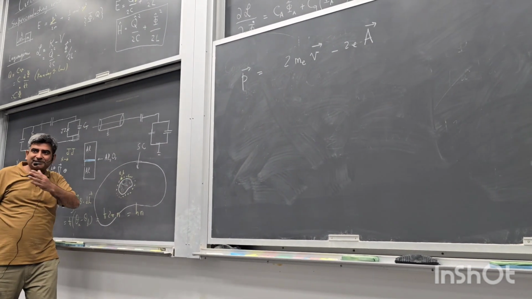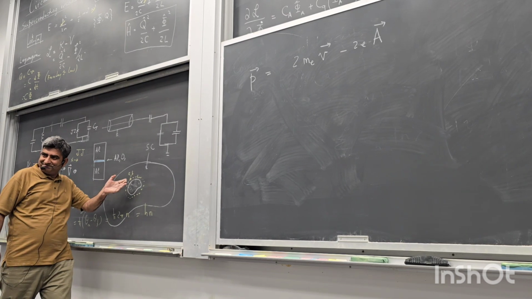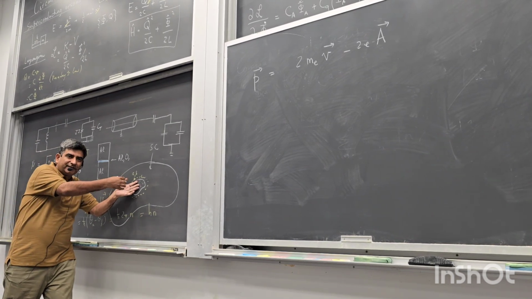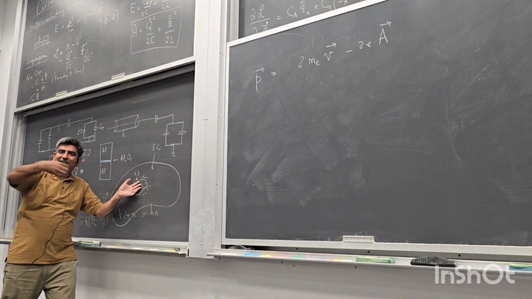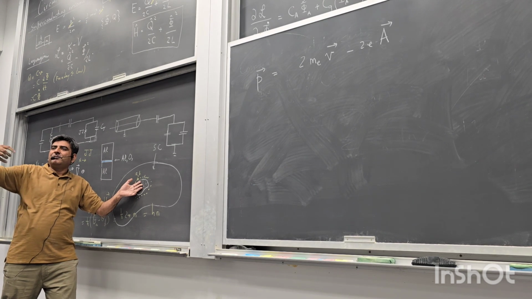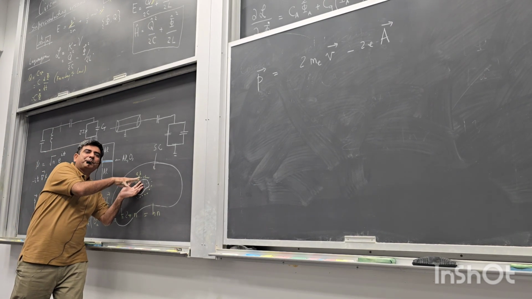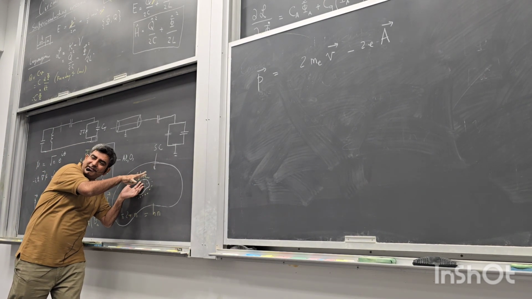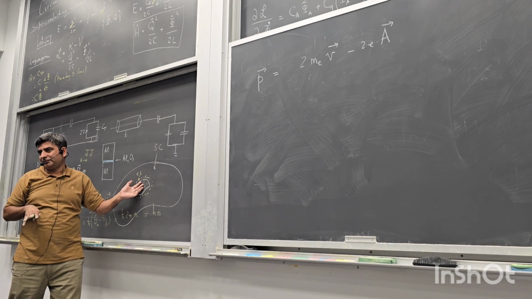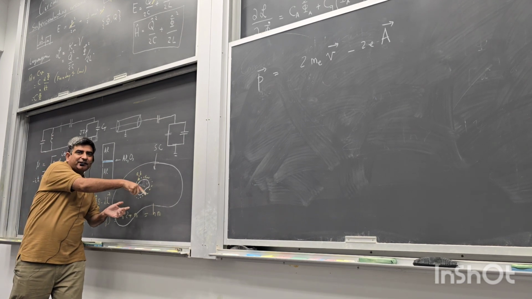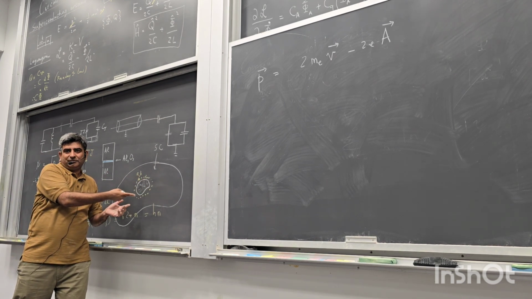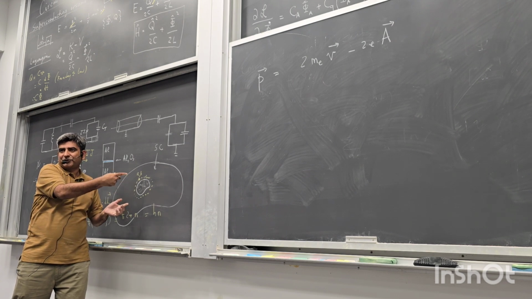There could be flux through the system, and that flux is inside the hole. For a superconductor, no flux can penetrate the interior of the superconductor because circulating currents are produced which oppose the flux according to Lenz's law.